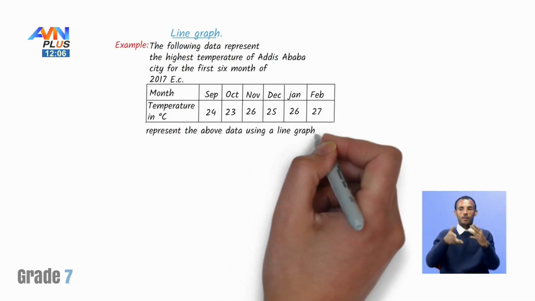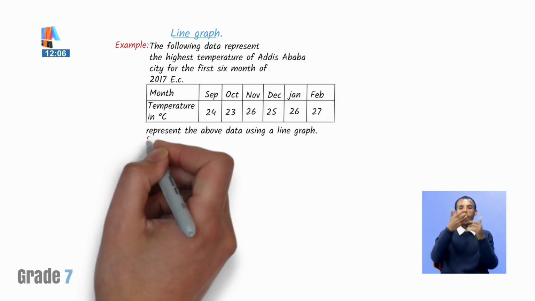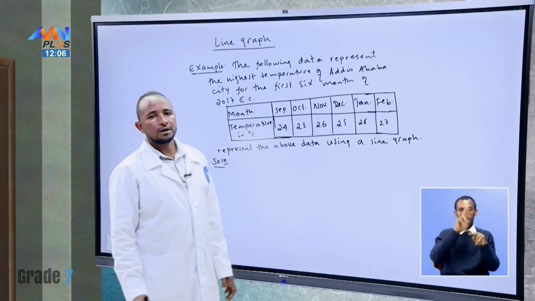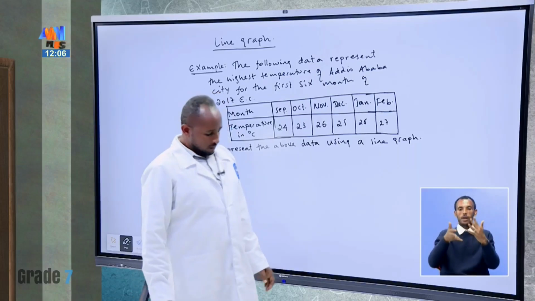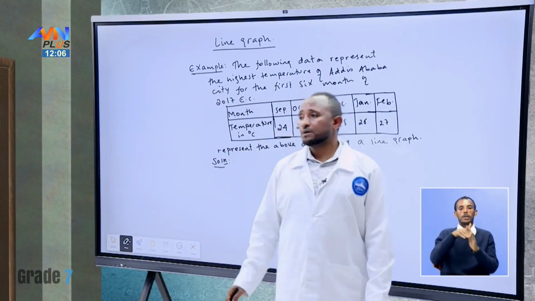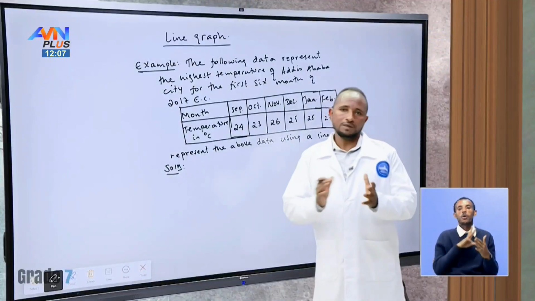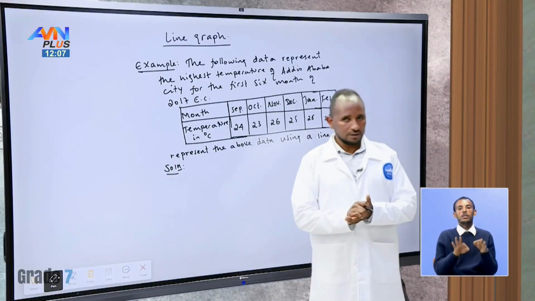Okay, now how do we represent this data set using a line graph? To represent this data set using a line graph, we need two axes, a horizontal and a vertical axis.